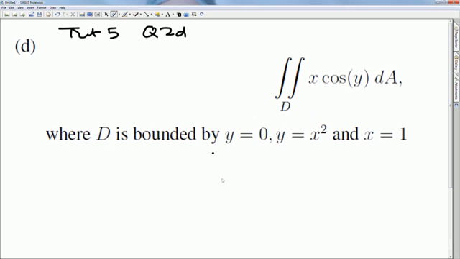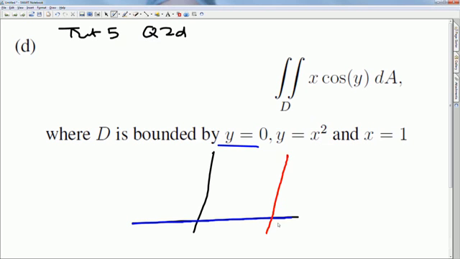So we've got a region bounded by different curves. y equals 0 is the x-axis. We've got x equals 1, which is a vertical line going straight up. Well, sort of. If my picture was better, it would be going straight up.